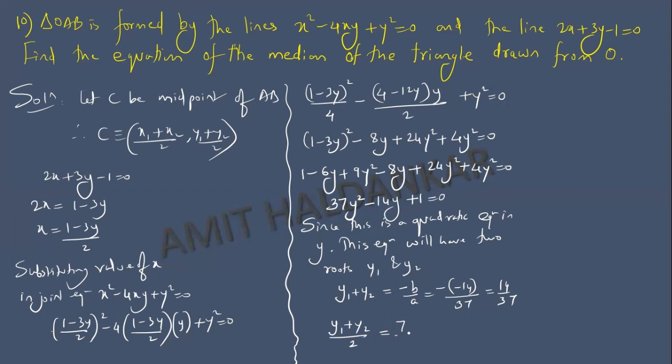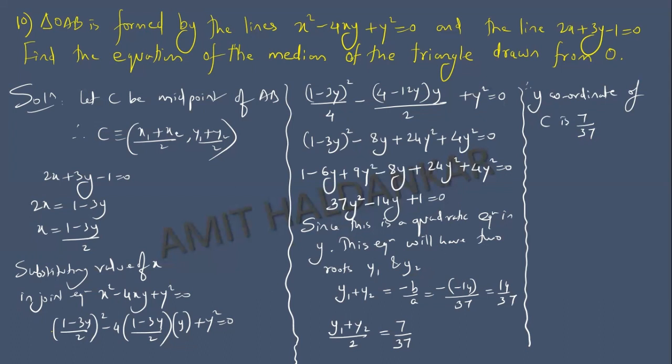2 sevens are 14. So this is nothing but the y coordinate of C, the y1 plus y2 by 2. Therefore, the y coordinate of C is 7 by 37.